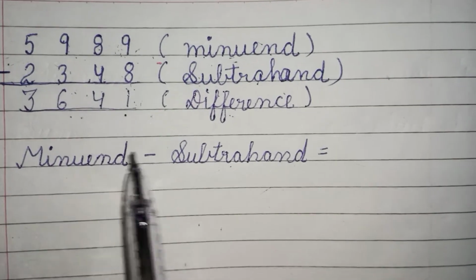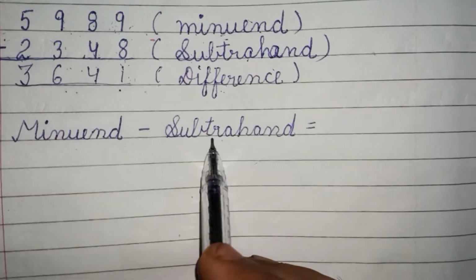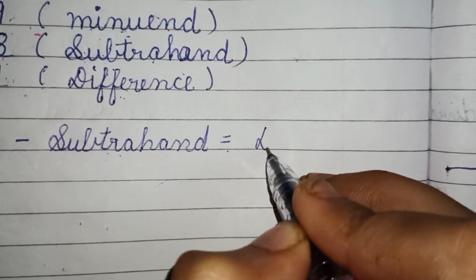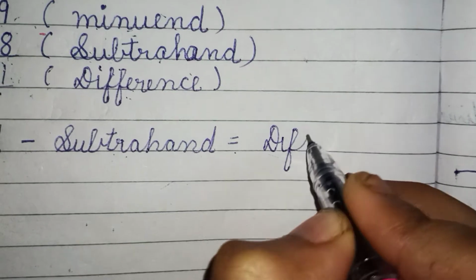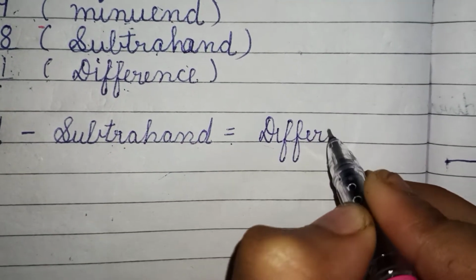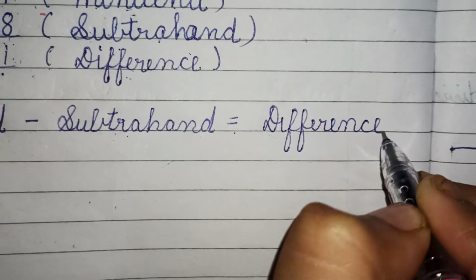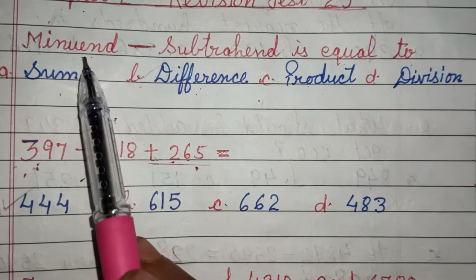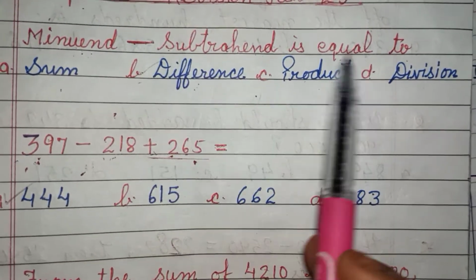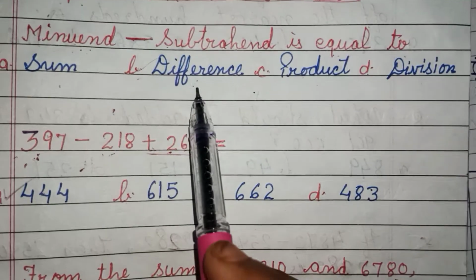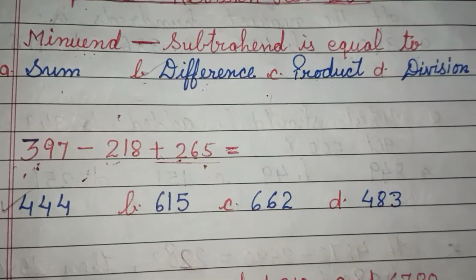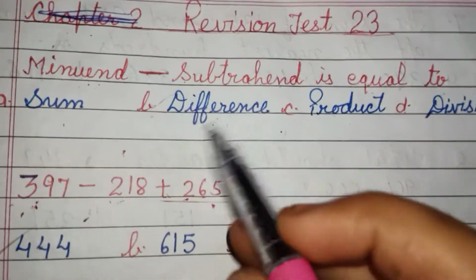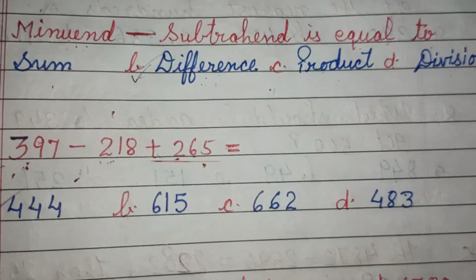So written here, minuend minus subtrahend is equal to difference. Is that clear, student? So the correct option is difference. Okay. So we have to take difference.